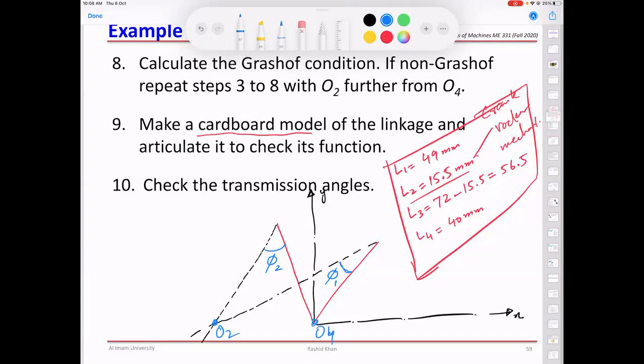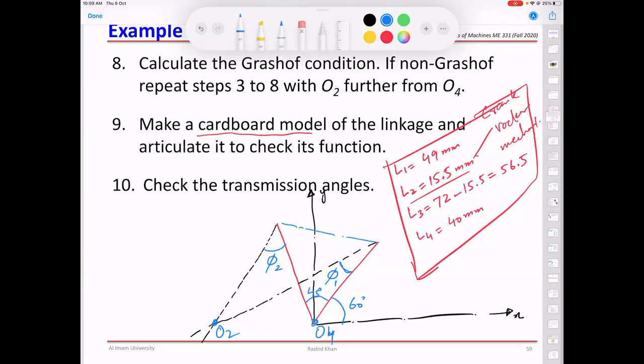So how can we check? We know this angle, we assume it's 60 degrees, and we know this angle, which is 45 degrees. Let's say this is the triangle.